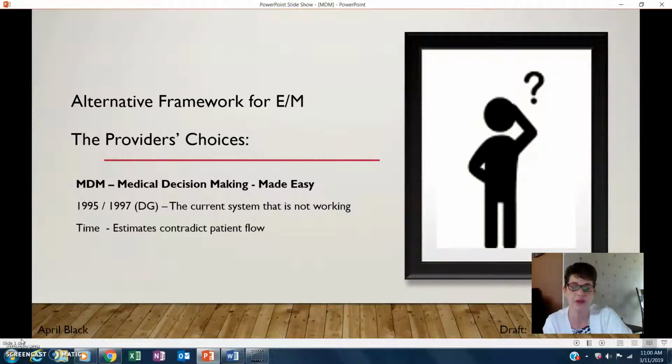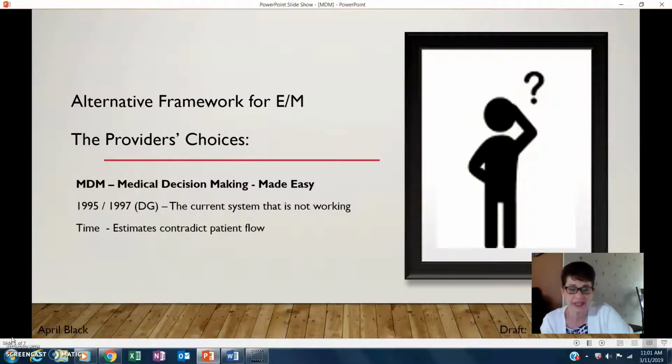I don't know very many physicians in the outpatient setting that have 45 minutes to spend with each patient that comes in, with a comprehensive history and medical decision making. Therefore, billing on time isn't necessarily the best way to document and bill for evaluation and management services.